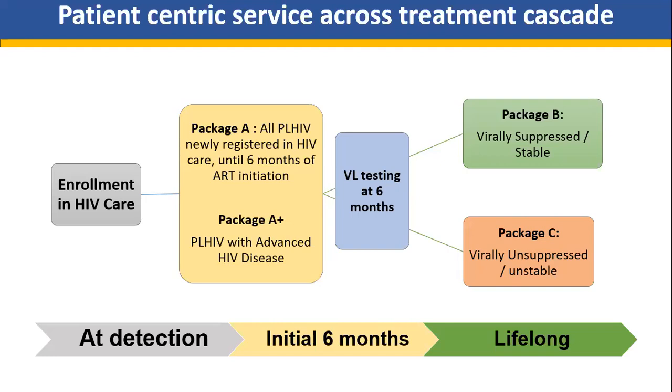We have to provide the patient centric packages, which will address the particular case management, and we should do intensive follow up for the initial 6 months, and then the subsequent packages will be decided as the patient is progressing with the treatment care.